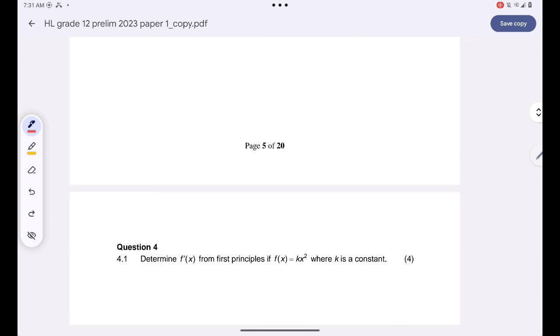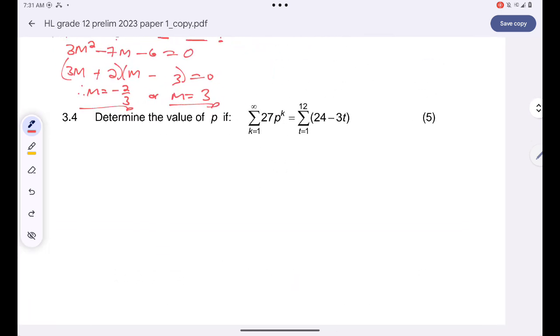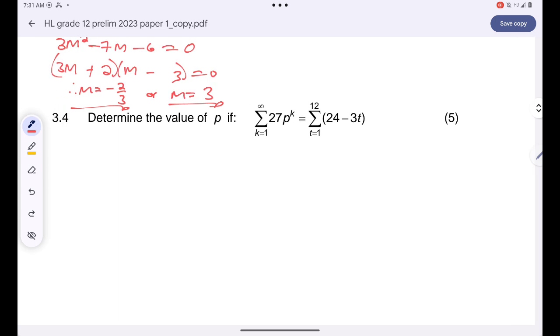And then the last question, we are given sigma notation. Over here we have unknowns, and we just want to find the value of p. So let's deal with this one first, because this is an arithmetic sequence. How do I know it's an arithmetic sequence? By just finding the first 3 terms.